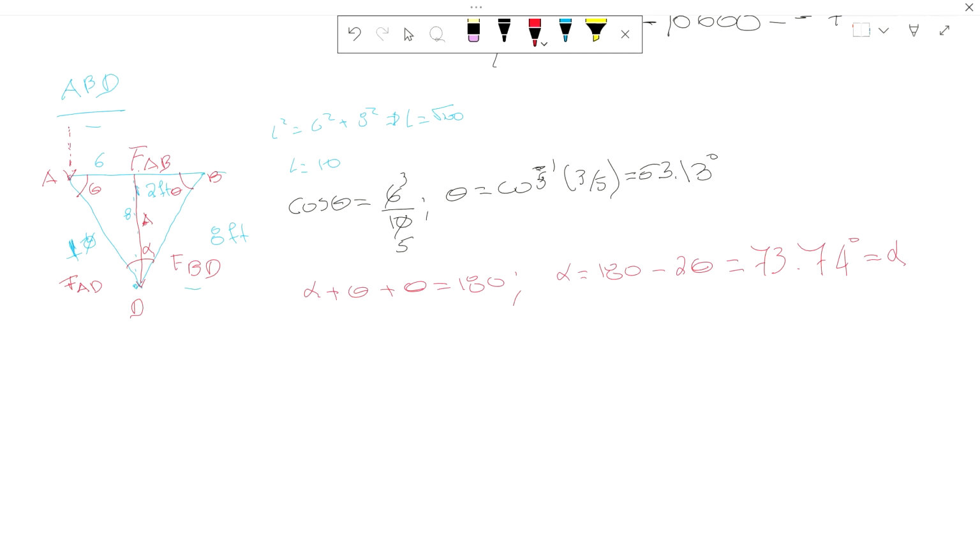Let's start with what we know, A, and use it to find the force A to D. Remember, we can use the ratio here. The ratio between A and 8 is the same as the ratio between F A to D and 10. So F A to D is equal to 2000 times 10 divided by 8.